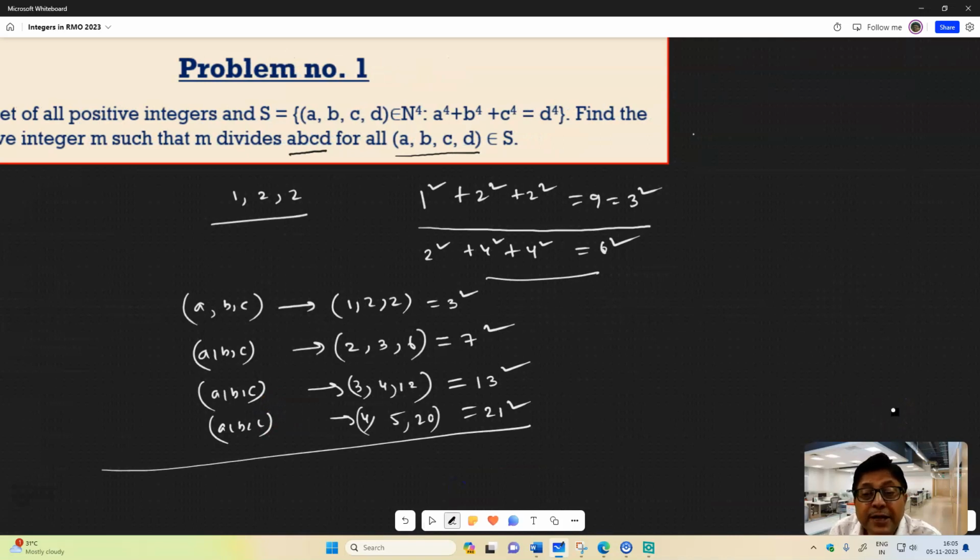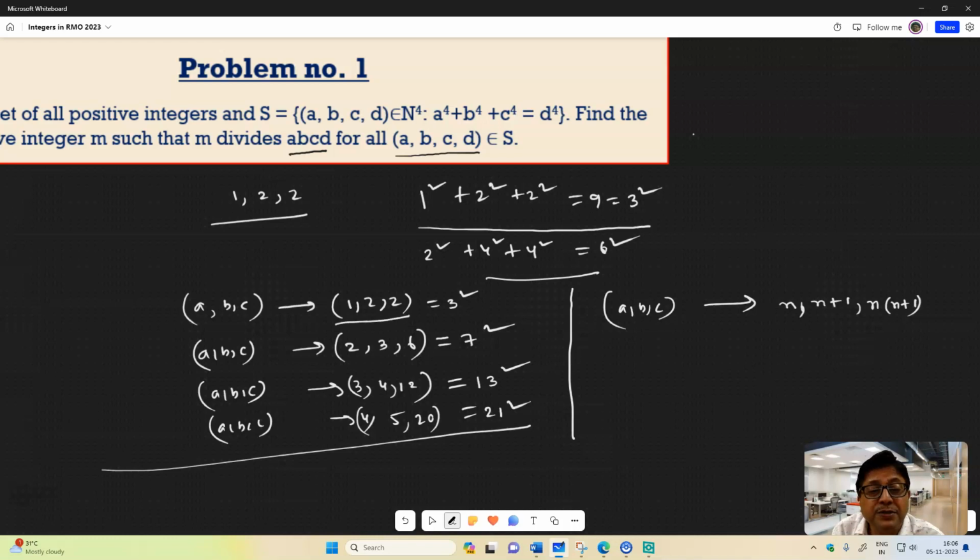Here, if we take integers A, B, C in this form: n, n plus 1, and say n into n plus 1, then we are getting all the values here. For n equal to 1, we see 1, 2, 2. For n equal to 2, 2, 3, 6.